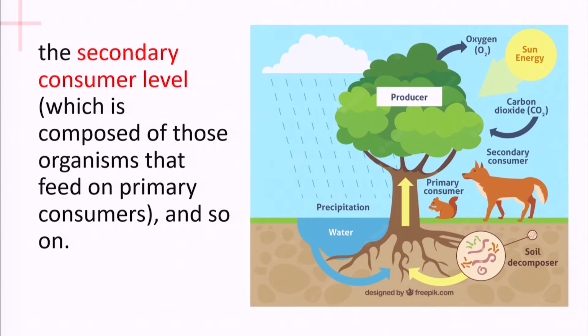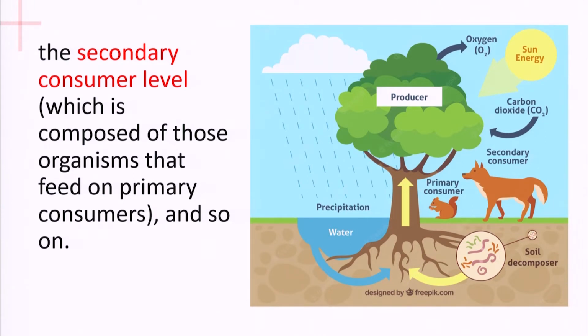For example, the producer of oxygen is the trees as shown in the animation, and the oxygen is taken up by small microbes and they become the primary consumers. The eater of this, maybe the foxes, become the secondary consumers and they take in this oxygen.